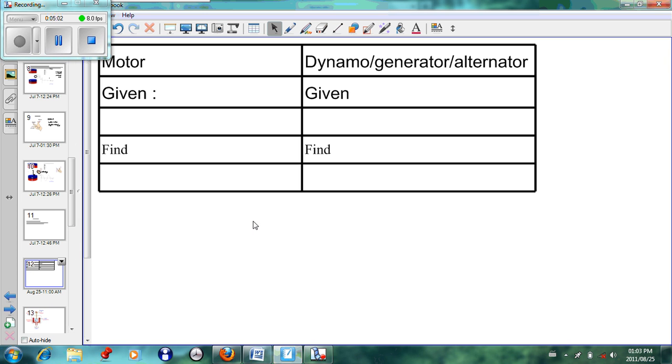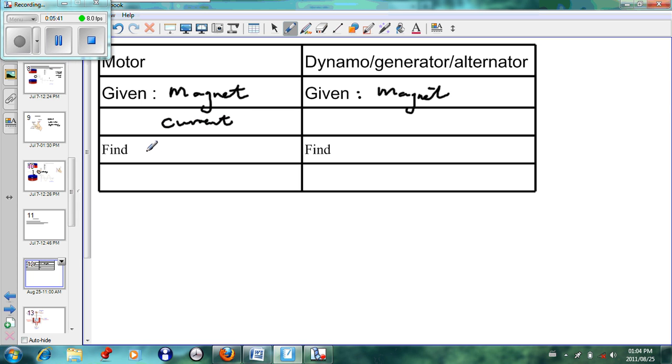Just to summarize, if you have a motor, let's see what we are given. In a motor, you are given a magnet. In a dynamo or generator, you are also given a magnet. So the magnet is standard. Then in the motor, you need to switch the motor on, so you are given the current.